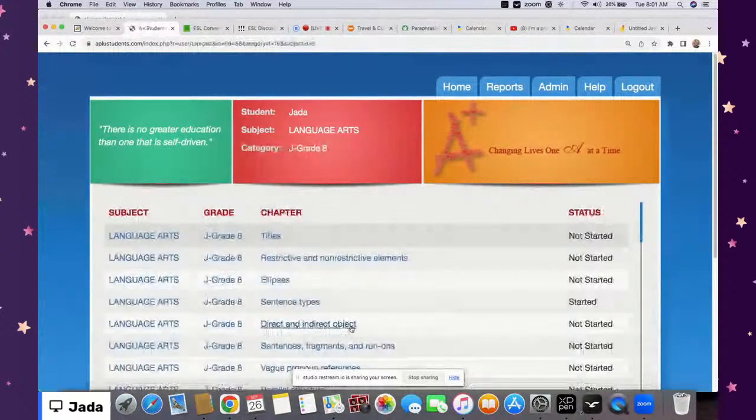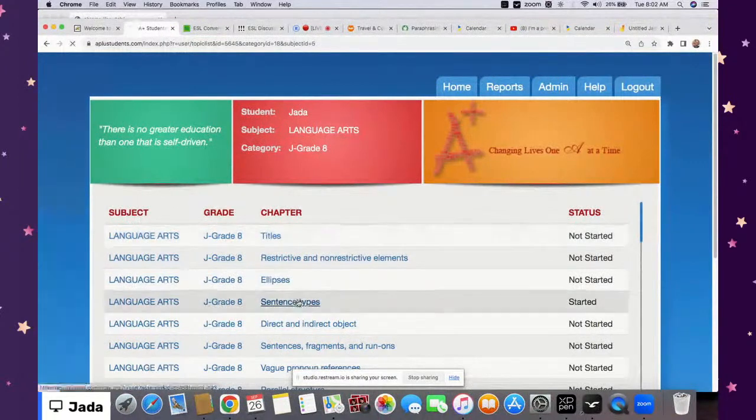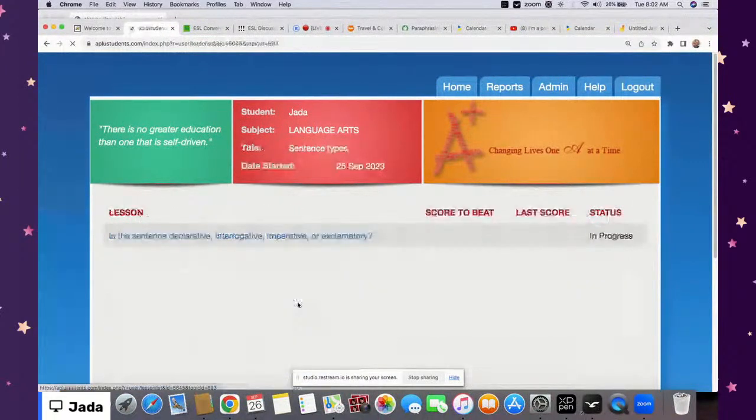All right, so we have the sentence type, okay? Our sentences are declarative, interrogative, imperative, or exclamatory.